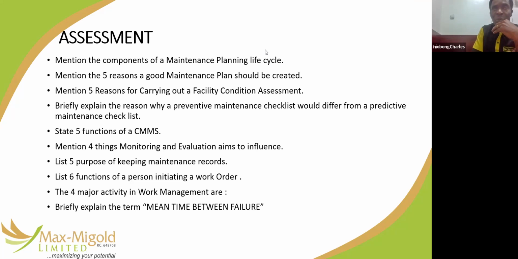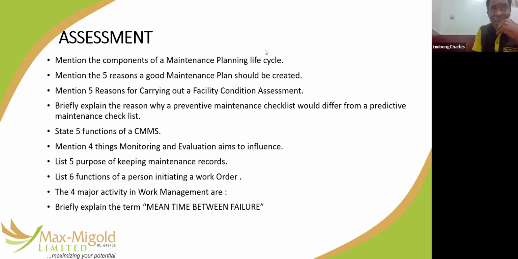So it helps you to know the condition of that asset. It helps you to take decisions about that asset. It helps you to know the kind of maintenance you put in place. And it helps you to know whether to outrightly replace that asset.